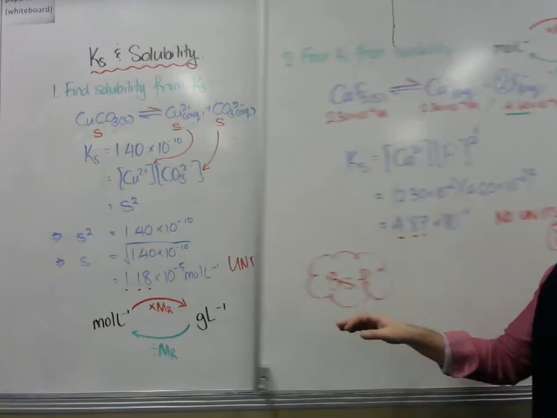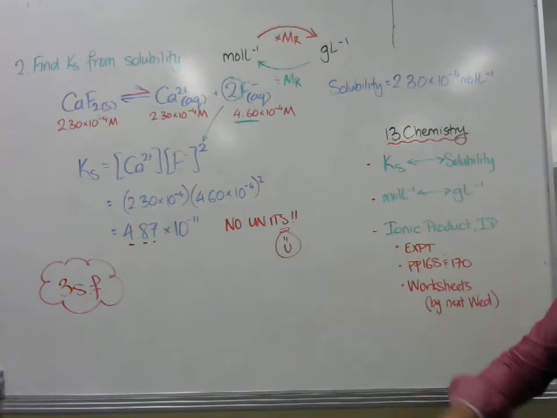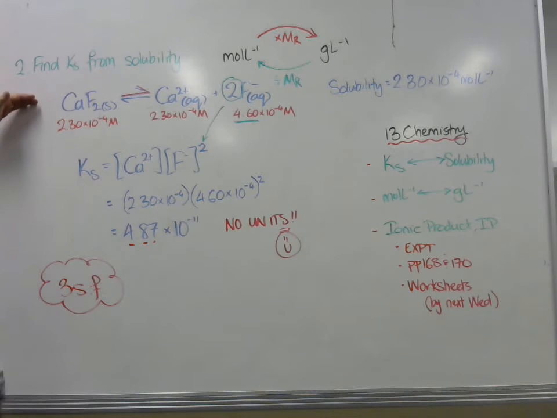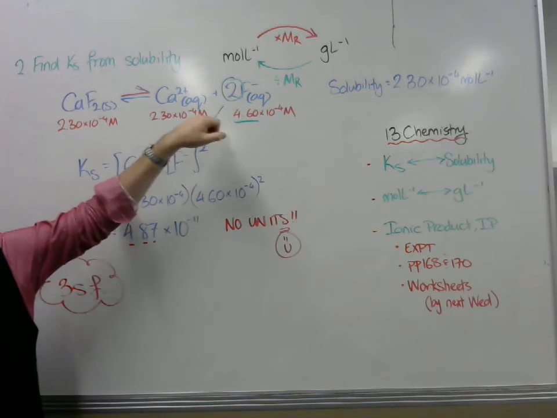Right, lucky last. This one is the easier one. I've actually done the hard one first. This one's easier. If I know the solubility, then I can find the Ks value. So I start with my equation. Always start with an equation, because then I know what's solid and what's aqueous.